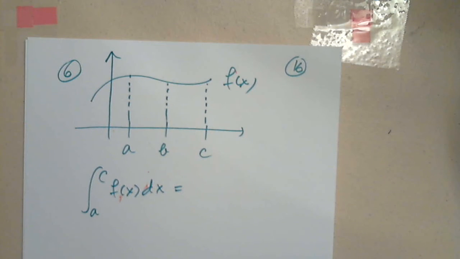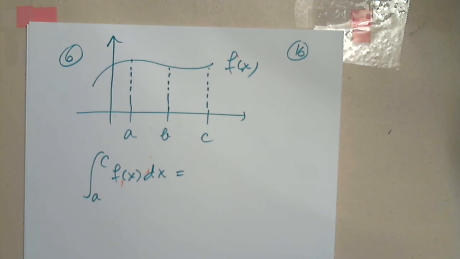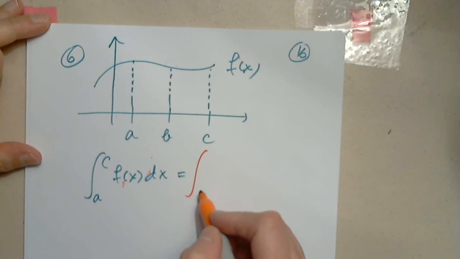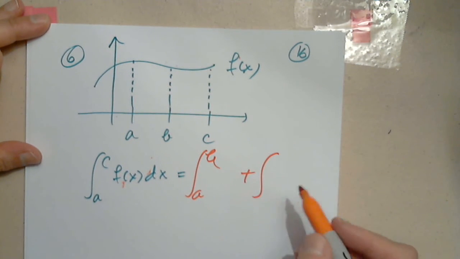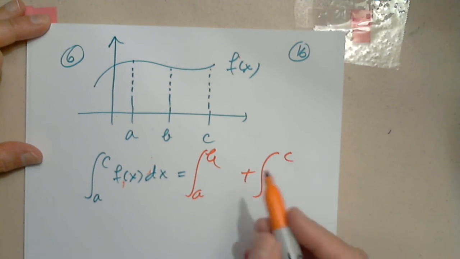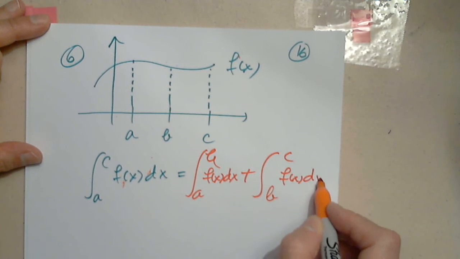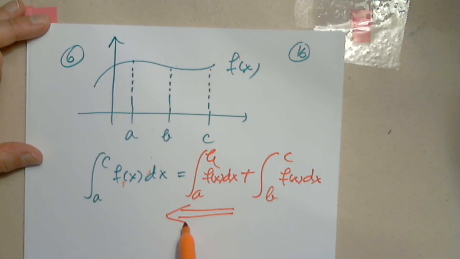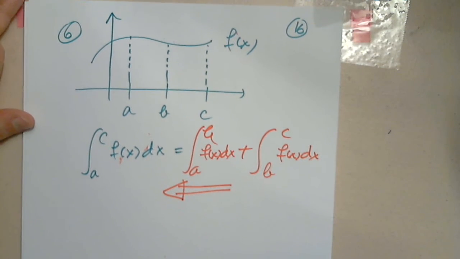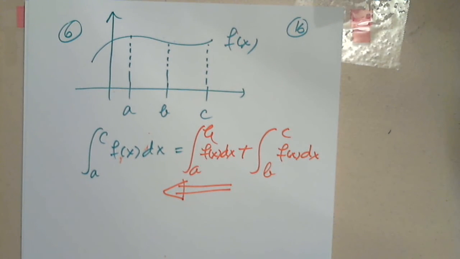What do you think this will equal to? The integral a to b plus the integral b to c. That's it. And of course, and vice versa. Right? So it goes back and forth.